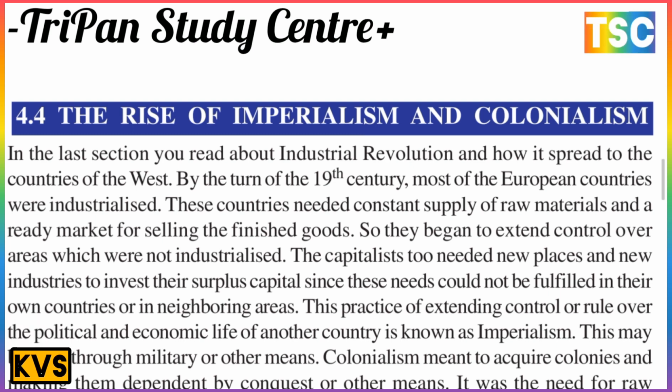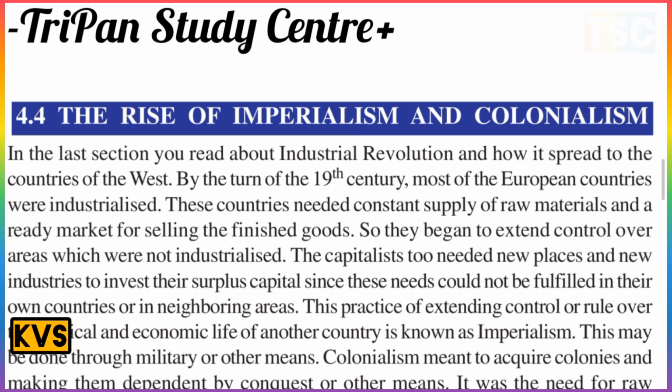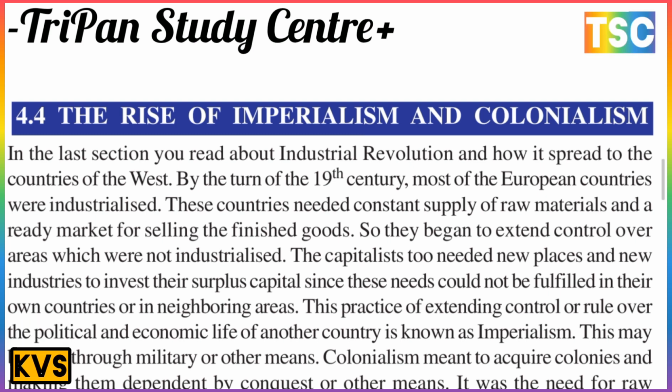So they began to extend control over areas which were not industrialized. The capitalists too needed new places and new industries to invest their surplus capital, since this need could not be fulfilled in their own countries or in the neighboring areas.